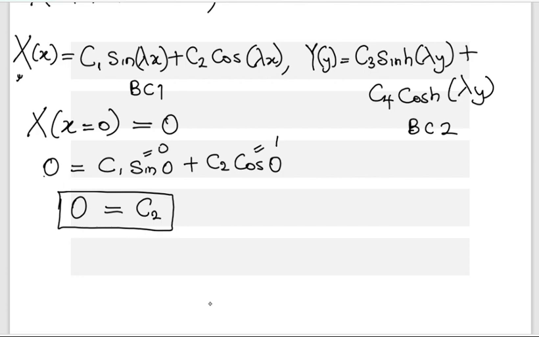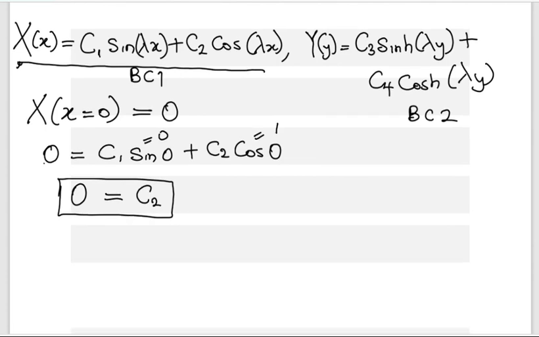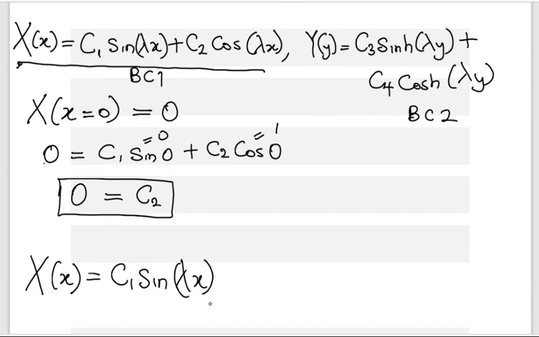And if that's the case, we put that back into our solution, and x of x is now just going to be c1 sine lambda x. This term here goes to 0 because c2 is 0. Okay, and let's go to the next one.